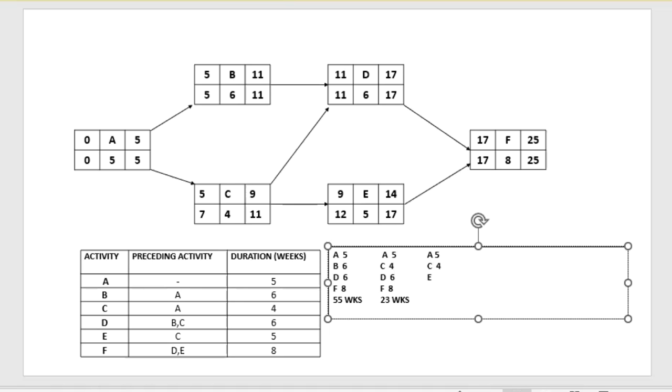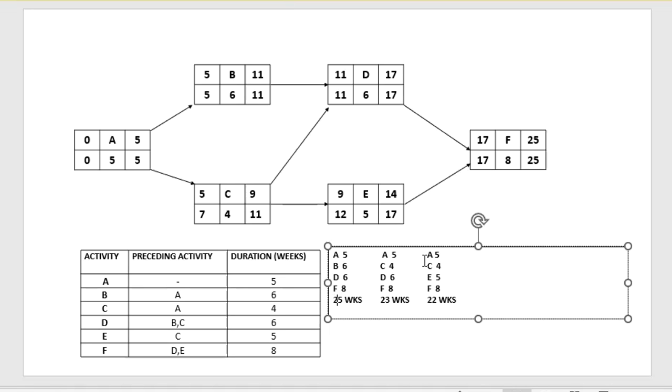E, 5 weeks. F, 8 weeks. So the total for that is 22 weeks. Oh Lord, this should have been 25. What did I have here? 55. That should be 25 weeks.